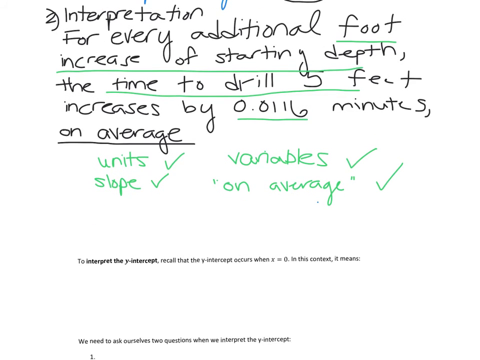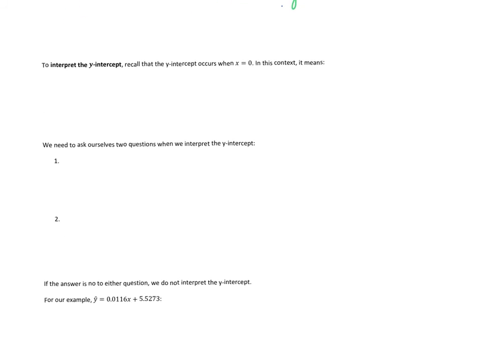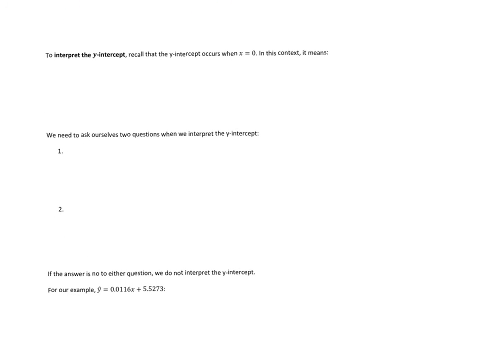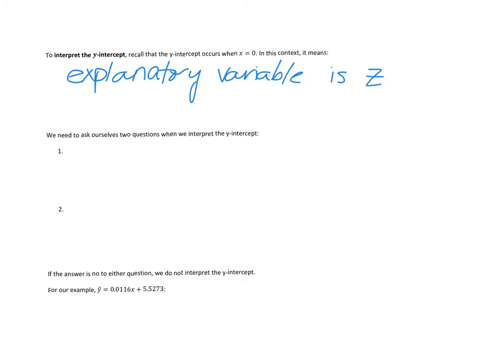Okay, so let's write that out. To interpret the y-intercept, again, that's when the explanatory variable is 0. We need to ask ourselves two questions.